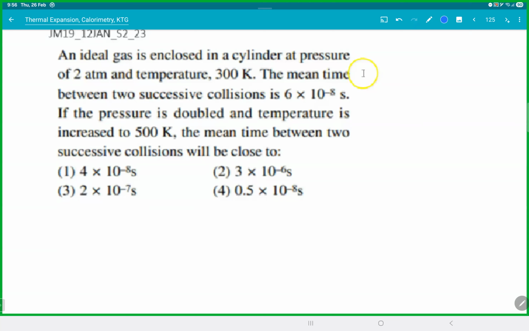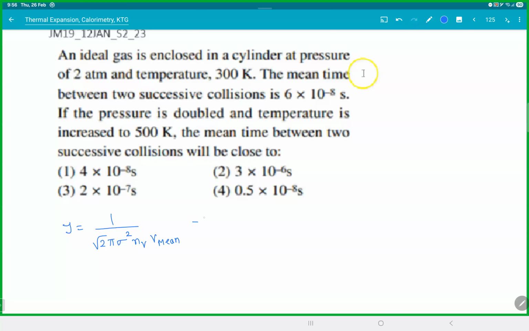Let's see. So what is this thing? An ideal gas is there in a cylinder. Again, same story. You're asking for the mean free time. Tau is equal to 1 by root 2 pi sigma square N by V times v mean. Again, same story. Nothing there.